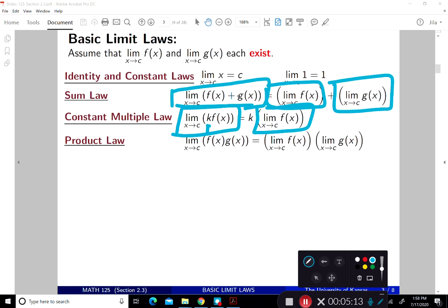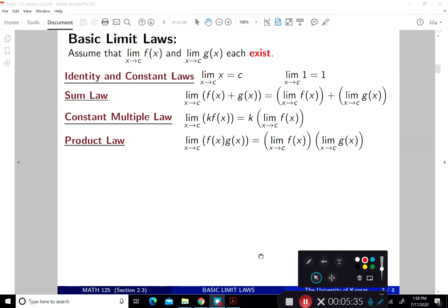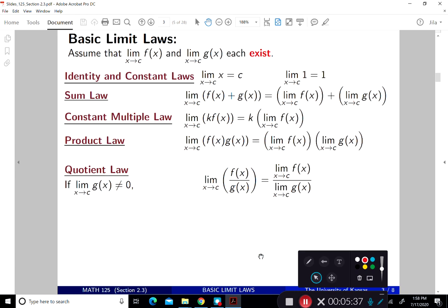Then the product law: if the limit of f of x and the limit of g of x both exist as x approaches c, the limit of their product is going to be equal to the product of the limits. These are very simple and very useful for what comes next. So the next law is the quotient law.